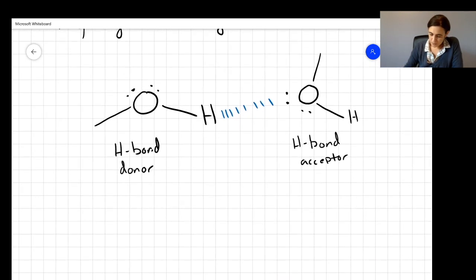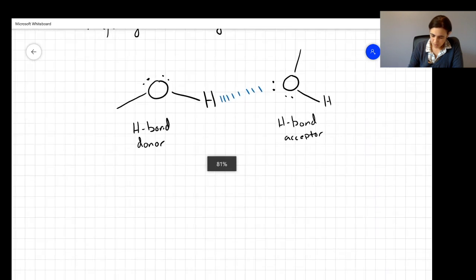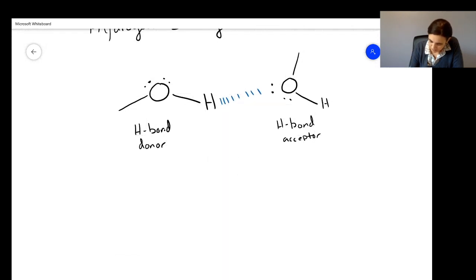So another important thing to remember about these molecules is that while we've drawn one interaction above, in fact, this is a network of interactions.